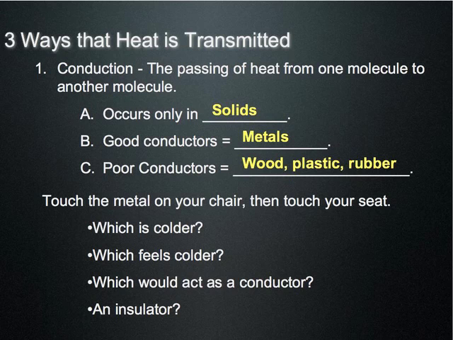So heat will transfer from your hand into the surface. In touching the plastic, because it's an insulator, very little heat leaves your hand. But when you touch the metal, it's a better conductor of heat, and more heat energy will leave your hand, and thus it feels colder. So which is colder? Neither. They have equal temperature, but the metal feels colder because it's a conductor, and the plastic is the insulator.